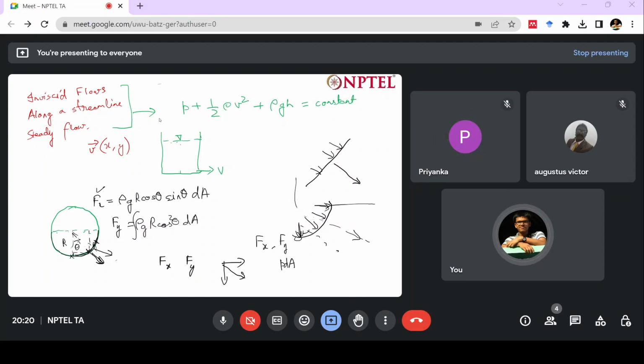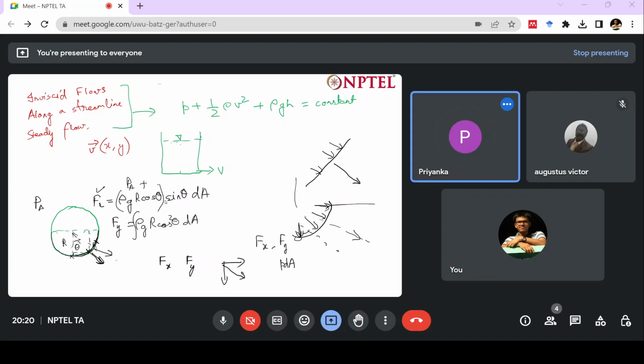If it is a pressurized chamber with some gauge pressure P_A, you will simply add P_A to this. This rho g r cos theta was your pressure, so you simply add P_A to it. It won't change your analysis that much.